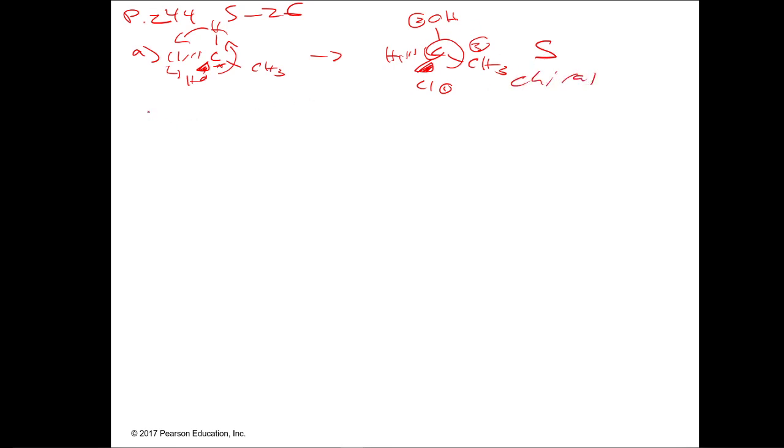Now let's look at E. Look at E. I cannot draw straight lines. Geez. CH2Br. I've got bromine on this side, bromine on this side, and I've got hydrogen on this side, hydrogen on this side. Okay, so now these two carbons are chiral, so let's star them. Now let's assign priority.